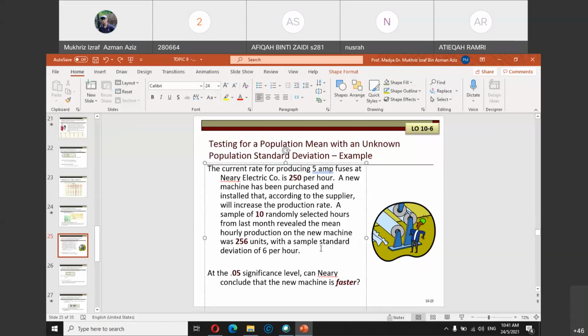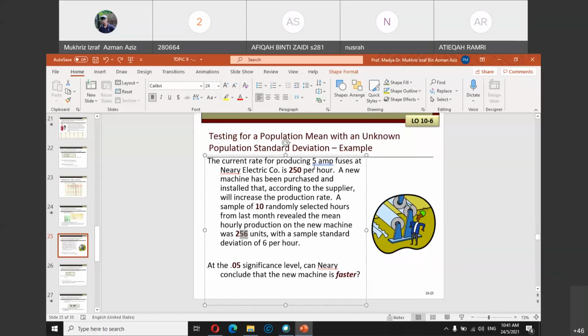So this question is easier than the previous one because you are given directly the X bar and the standard deviation, equal to 6. And now your alpha is 5%, not 1%. And you want to prove that now the machine is faster in terms of you can produce more. Previously 250, now the value has increased to 256.